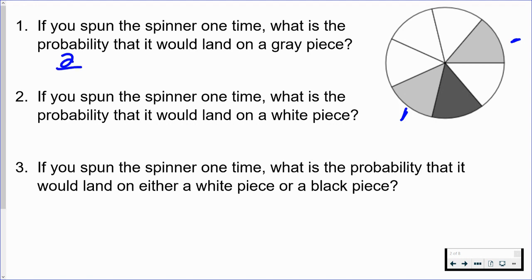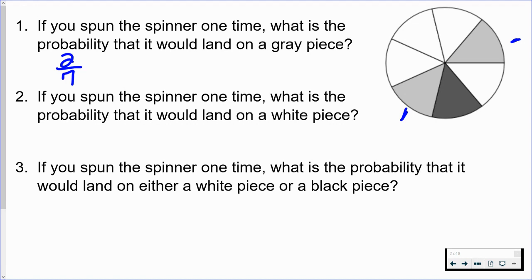Then how many total pieces do we have? 1, 2, 3, 4, 5, 6, 7. So we have 7 total pieces. That's our sample space, the total number of outcomes that could happen. So we put 7 on the bottom of our fraction. The probability that it would land on a gray piece is 2 out of 7.